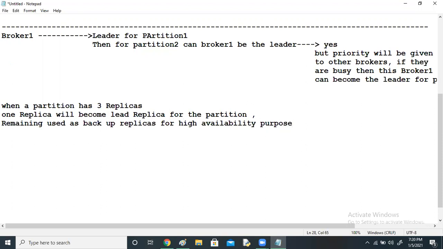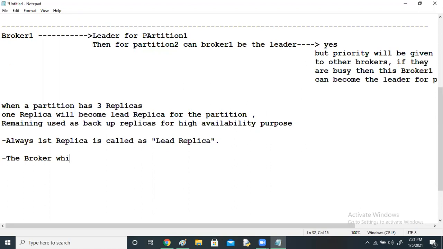Here we also have the concept of giving acknowledgements when the producer is writing and when the consumer is reading. Always the first replica is called the lead replica. Whenever you say describe, yesterday I showed you describe, you will get the lead replica and slaves.